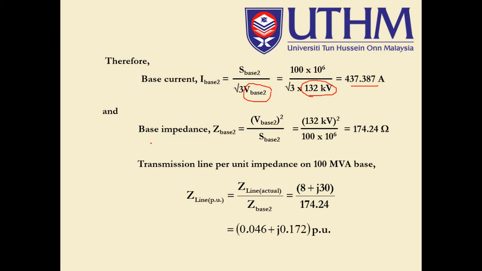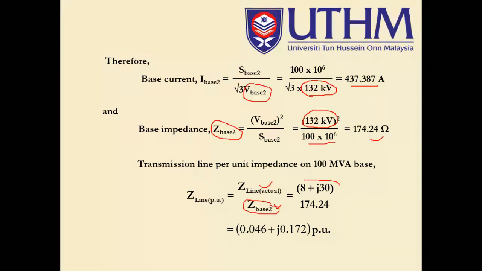What about the base impedance? Z base 2 is V base 2 squared over S base 2, so 132 kV squared over 100 MVA, giving 174.24 ohms. The transmission line per unit impedance on 100 MVA base: Z line PU is actual over base 2, located in zone number 2.